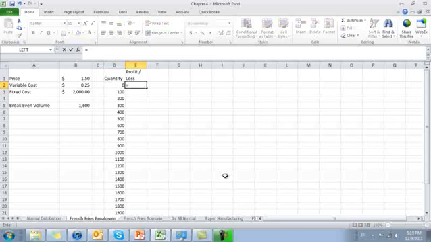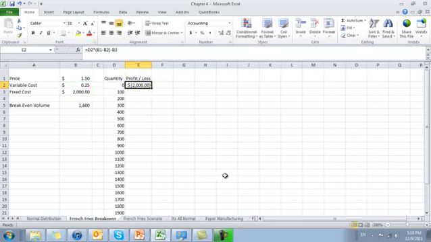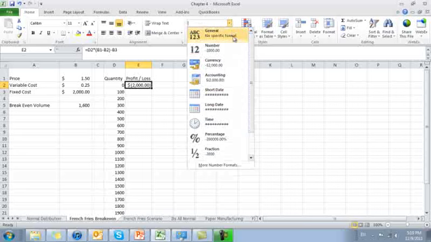My profit or loss is, well, using the profit equation of the firm, quantity sold times the difference of my price less my variable cost, less my fixed cost. That's a loss. I could change the format to even make it more obvious that that's a loss.